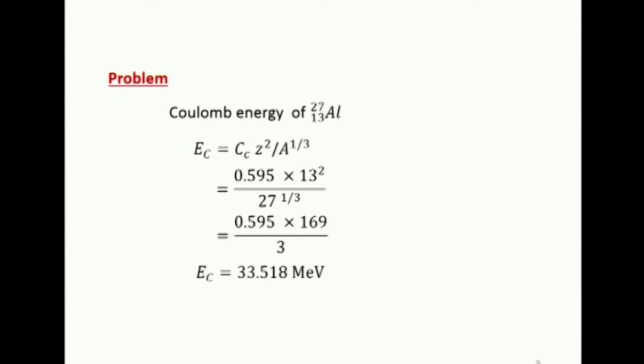We are calculating the Coulomb energy of aluminum 13, 27. 13 is the atomic number of aluminum and 27 is the mass number.